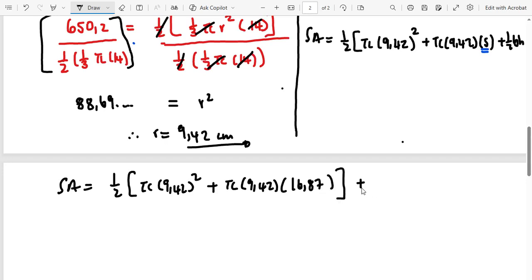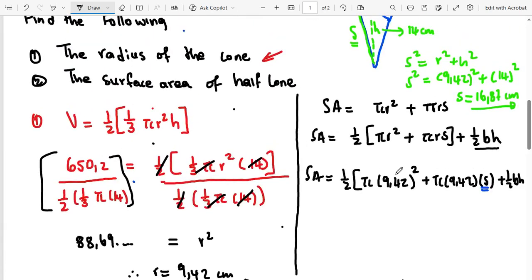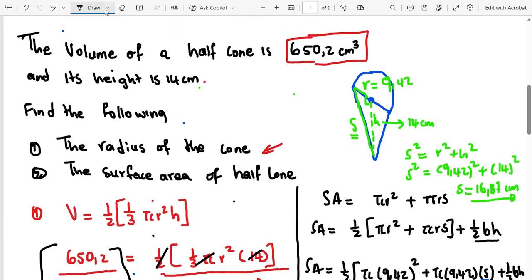Now we're going to add the area of a triangle. The area of a triangle is half base times height. Another thing you need to pay attention to: please do not say the base is r, but this whole line here is the base of this triangle, and the height is 14.